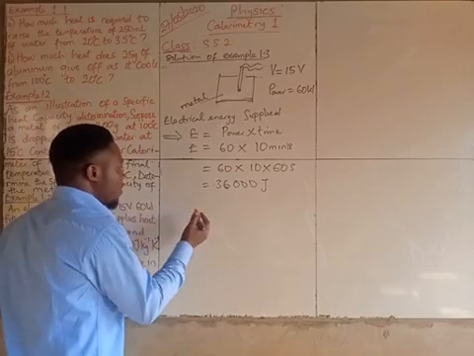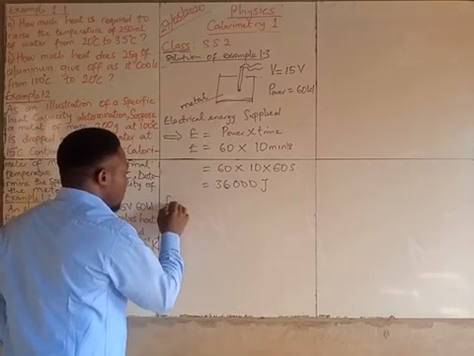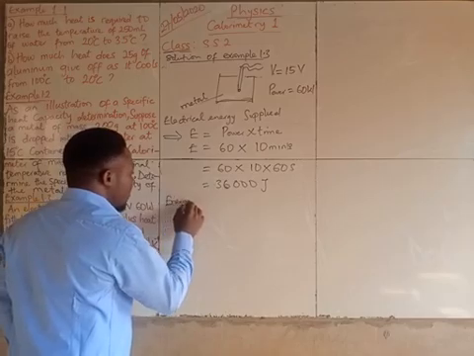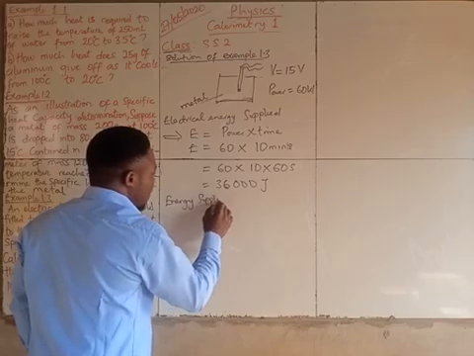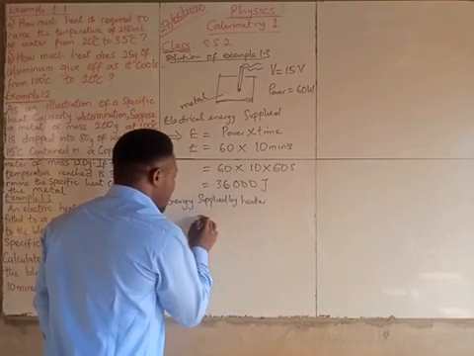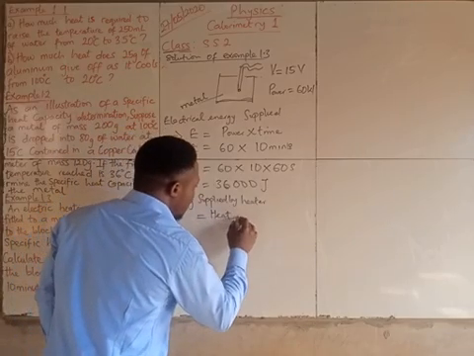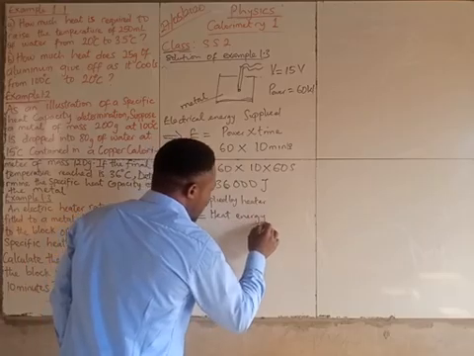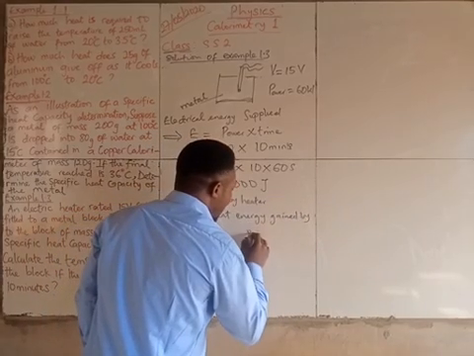This 36,000 joule was supplied to the metal block, and we can now use the formula. Since it is transformation of energy, the energy supplied by heater is equal to heat energy gained by metal.